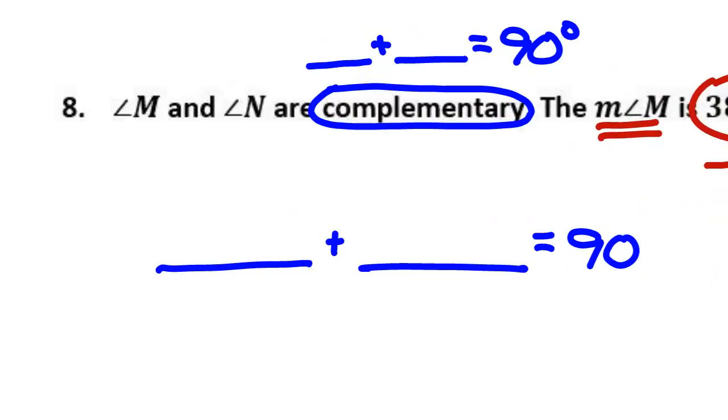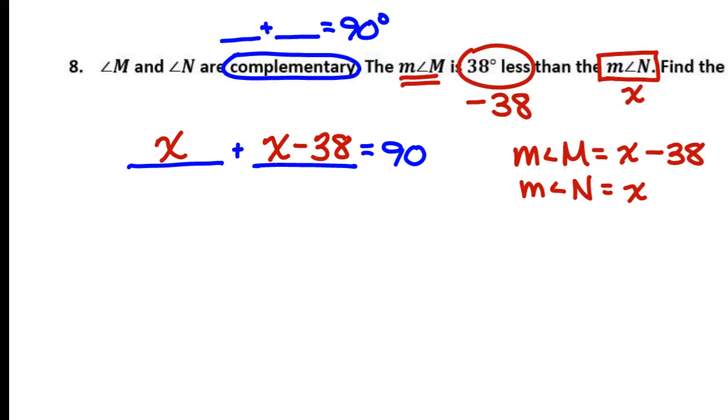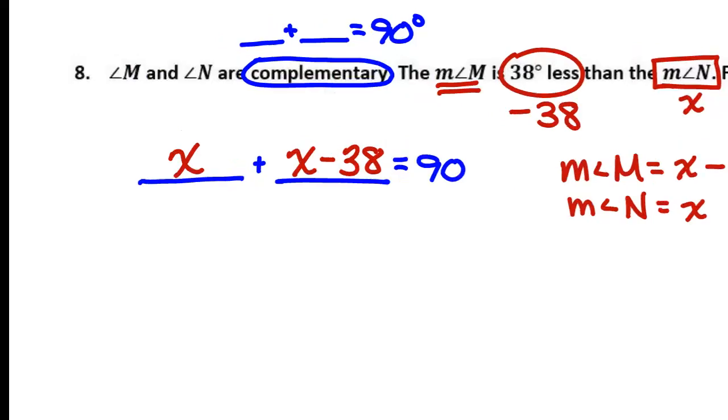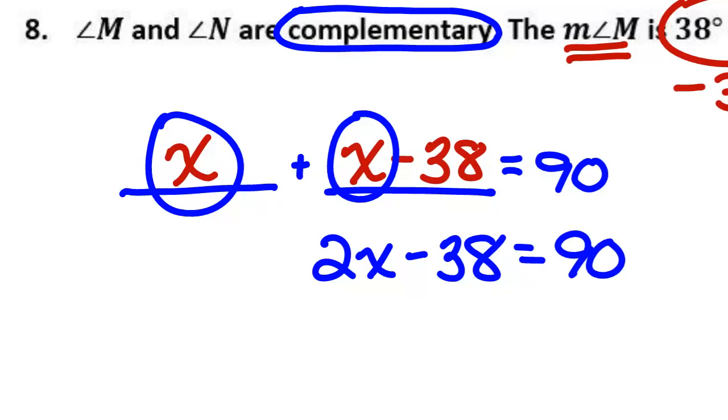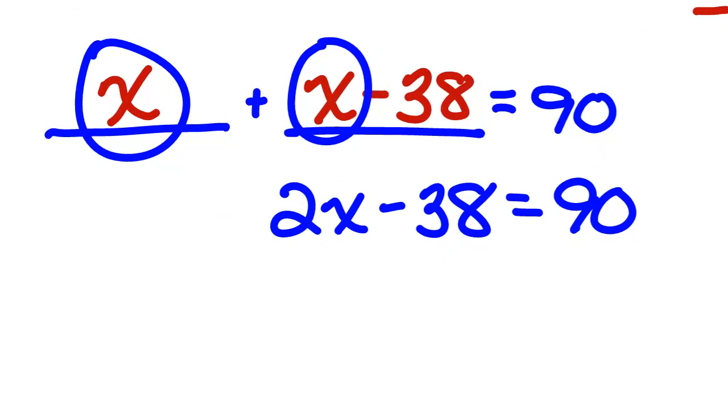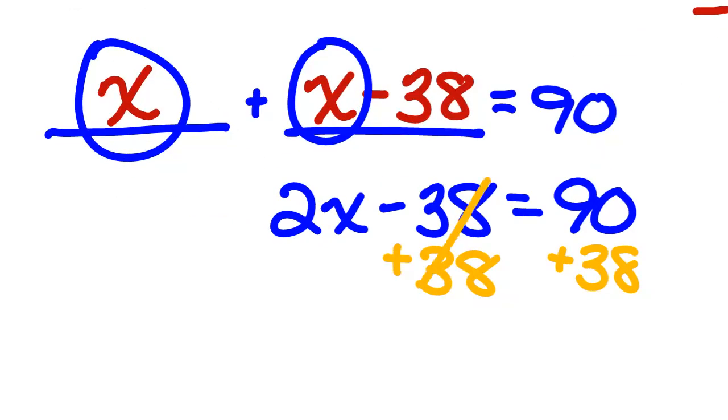These are the two angles that go on my lines, X and X minus 38. Then we combine our two X's together. So I get 2X minus 38 equals 90. Then I add 38 to both sides.